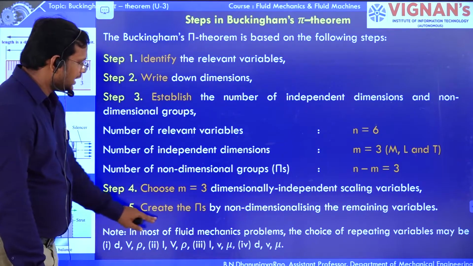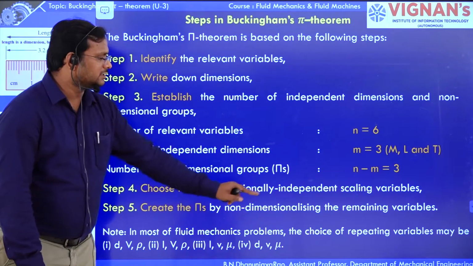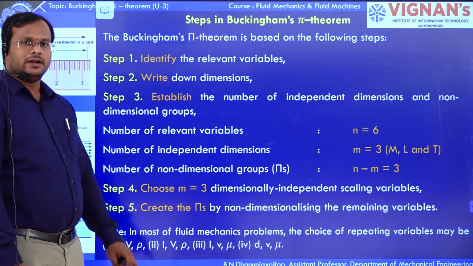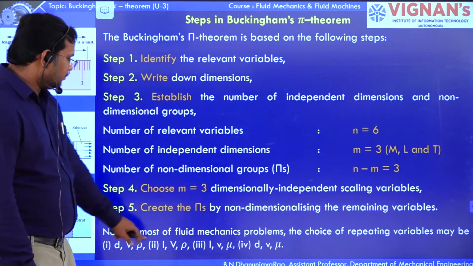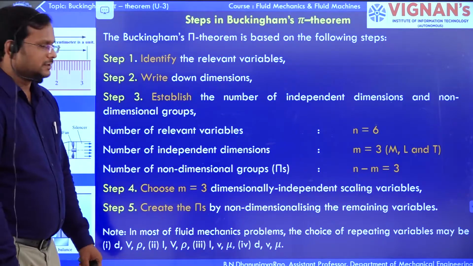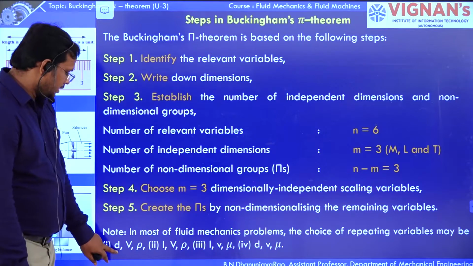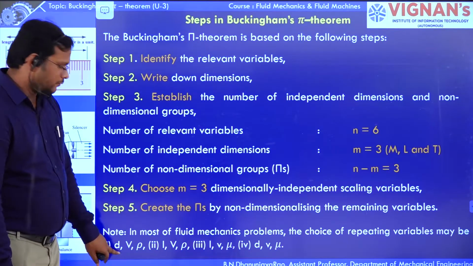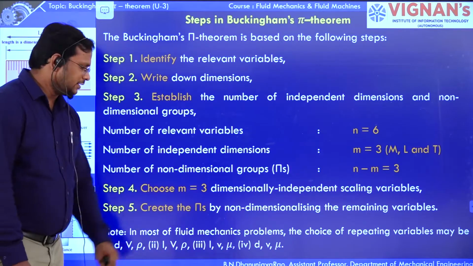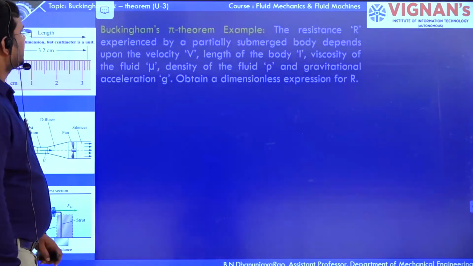Next, step 5, create the pi terms by non-dimensionalizing the remaining variables. In most fluid mechanics problems, the choice of repeating variables may be diameter, velocity, density, or length, velocity, density.